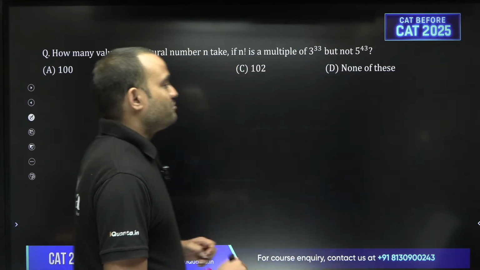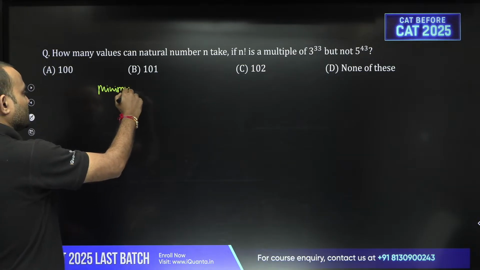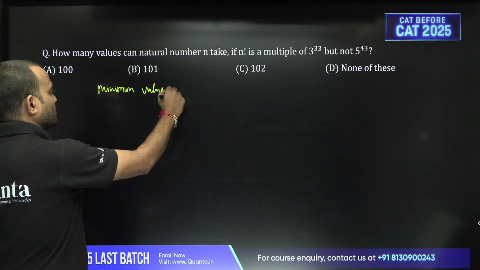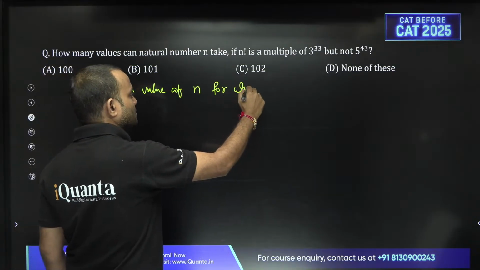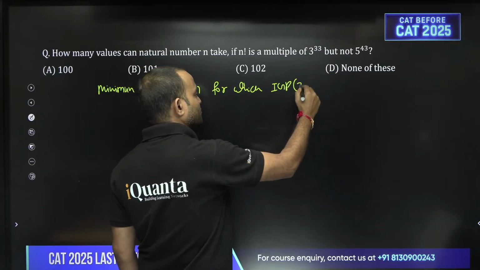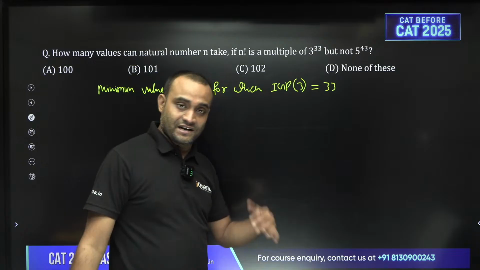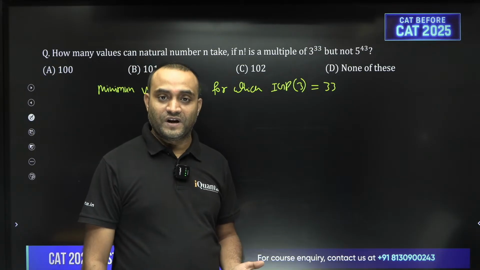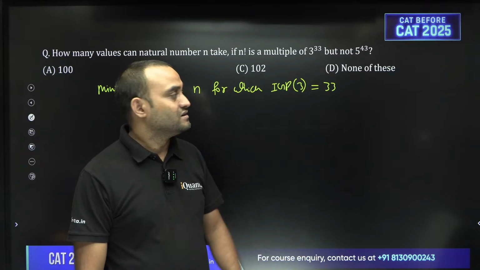So, what is the minimum value of n for which IGP of 3 is equal to 33, because after that if you take any value of n, the highest power of 3 will be 33 or greater than that, right.